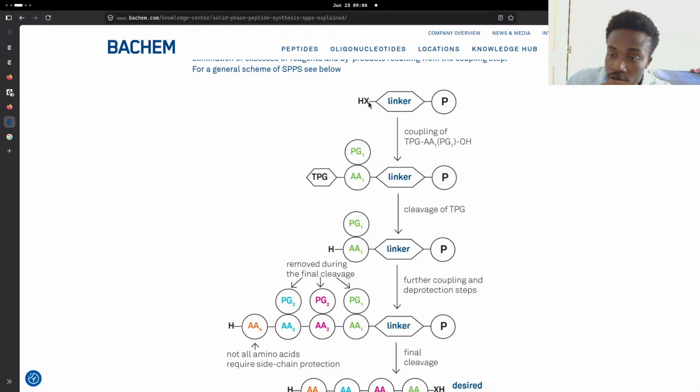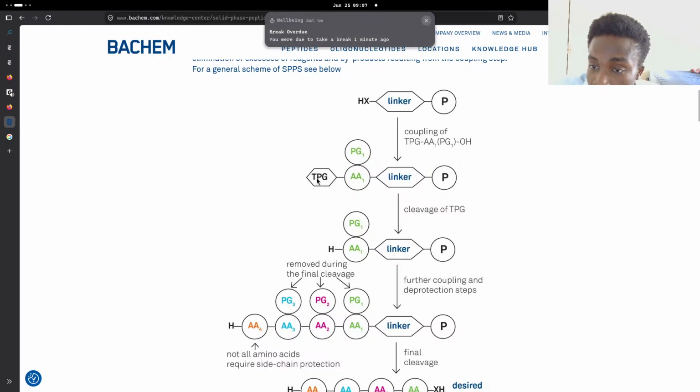The incoming amino acid is going to be attached through its carboxylate. So this amino acid joins in, attached to the C-terminus here, has a temporary protecting group on that amine for the amino acid, and then a protecting group for the side chain.